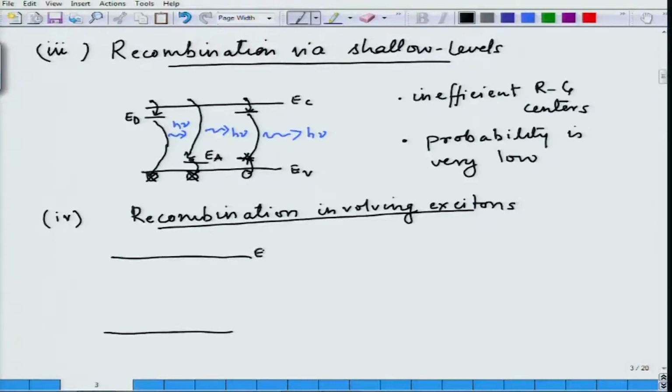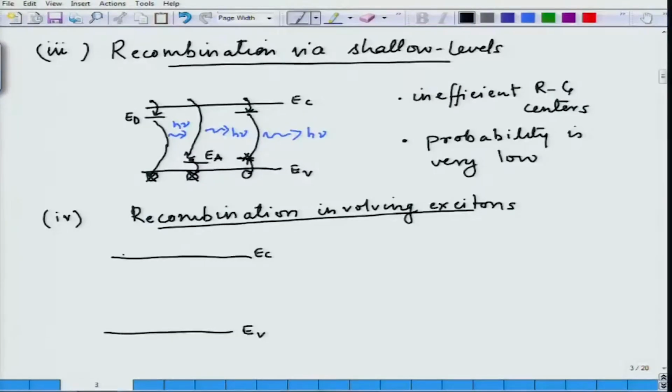Once again, if we look at a free electron in the conduction band and a free hole in the valence band, they can move on their own, they are not bound to each other. But it can happen that an electron in the conduction band gets bound to a hole in the valence band. In that case, they are no more independent, rather they move as a whole, and that entity, an electron hole pair which is bound to each other, is called an exciton.